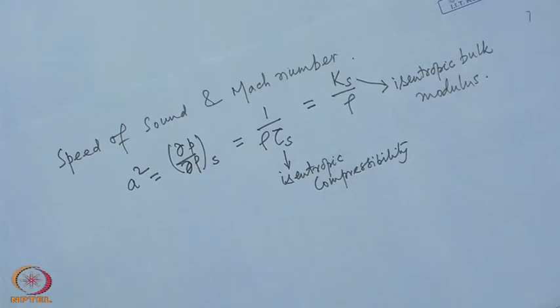The disturbance produces temperature and velocity gradients within the fluid.